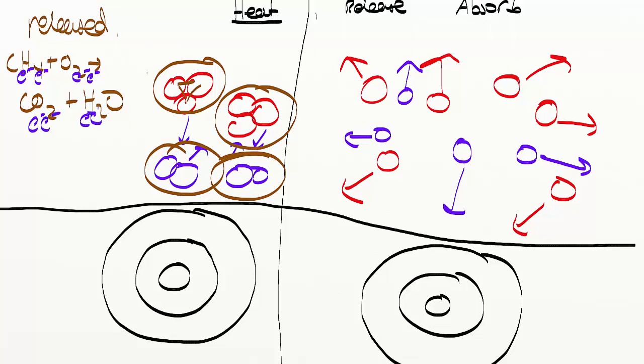Okay, so as a simplified representation, let's look at the electron configurations in the reactants.